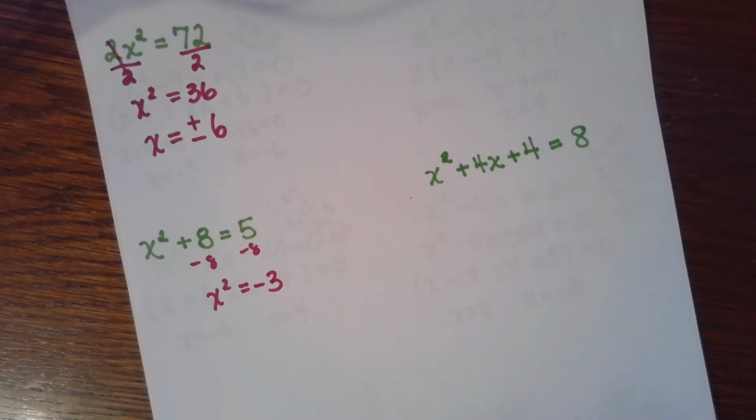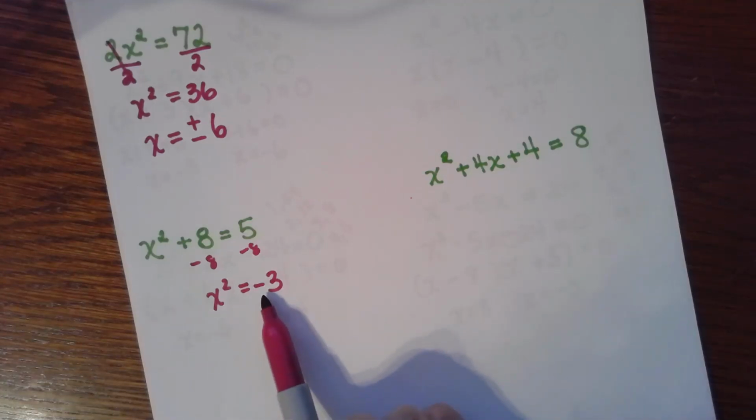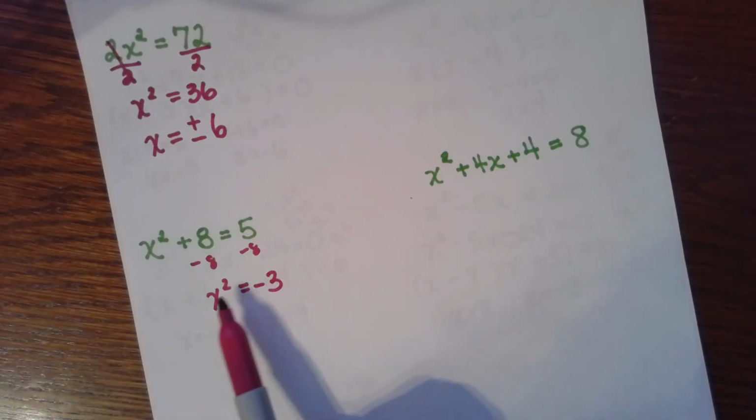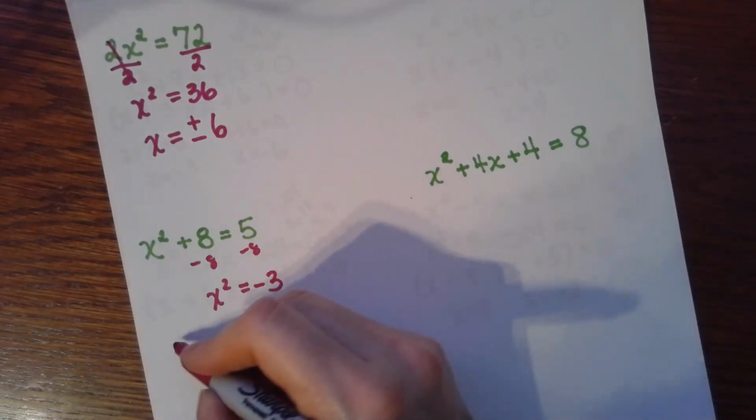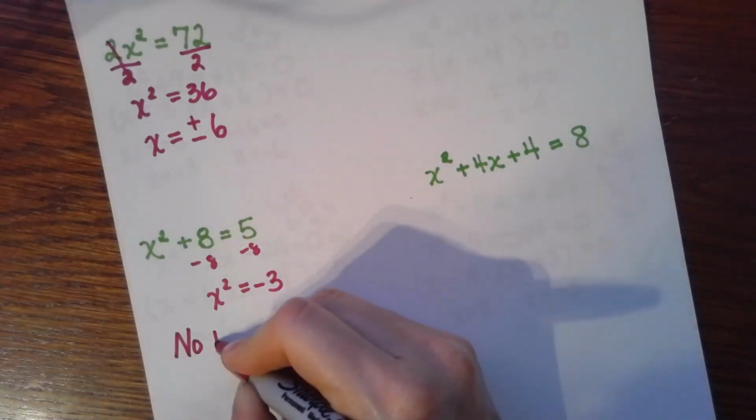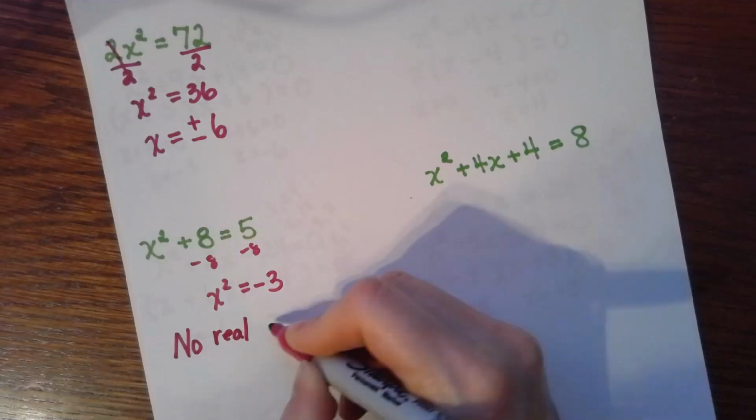A negative times a negative is positive. We can't actually multiply any real number by itself and get a negative number. So if you have a square equals a negative number, there isn't a real number solution to that kind of a problem. So this would just have no real solutions.